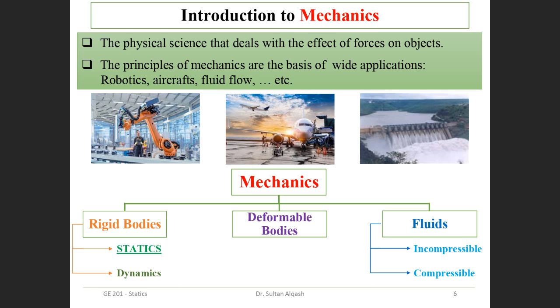Clear? If you talk about the state of matter of that object, whether it is solid, fluid or gas, then we are talking about solid mechanics or fluid mechanics. This is why fluids are also one of the categories in mechanics. So this is the state of matter.